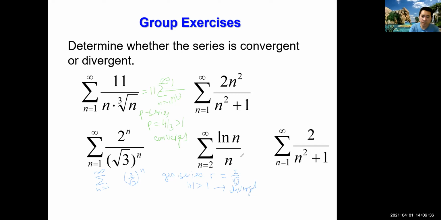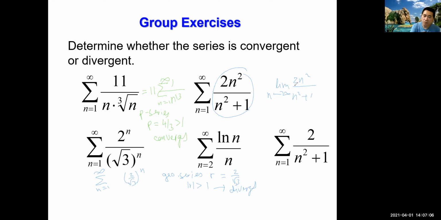Then I'll do one more. Here's the next one: 2n squared over n squared plus 1. Now look at this, we call it the divergence test. If you take the limit of 2n squared over n squared plus 1 as n goes to infinity, the top goes to infinity, the bottom goes to infinity.